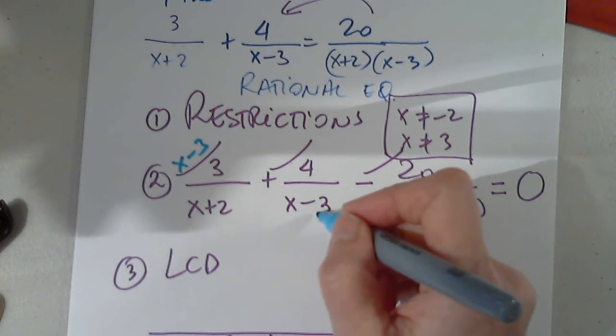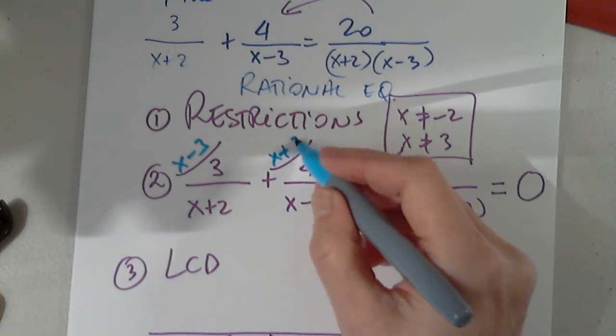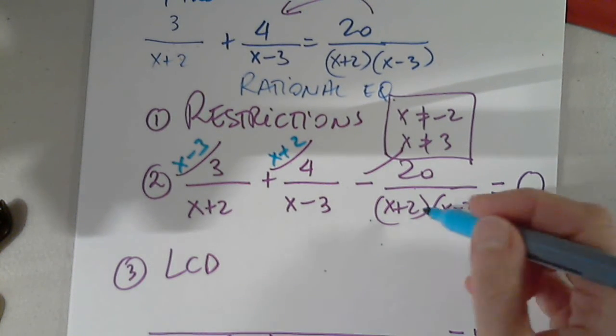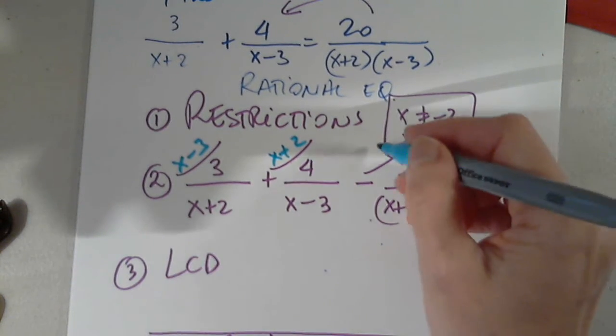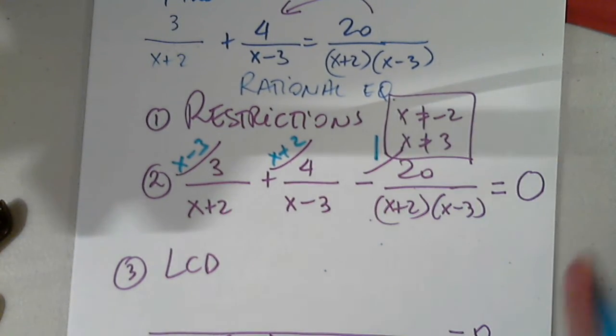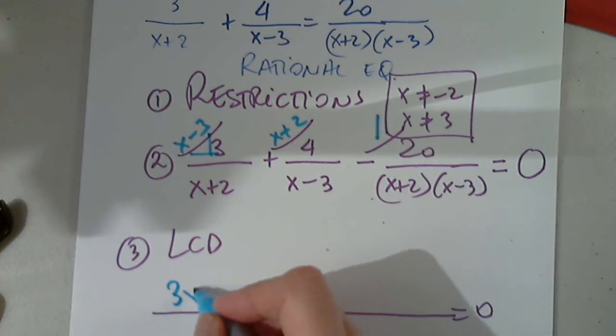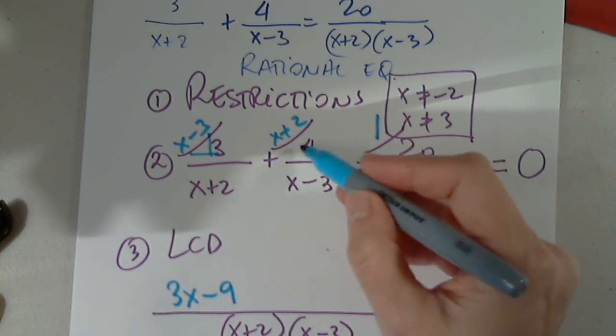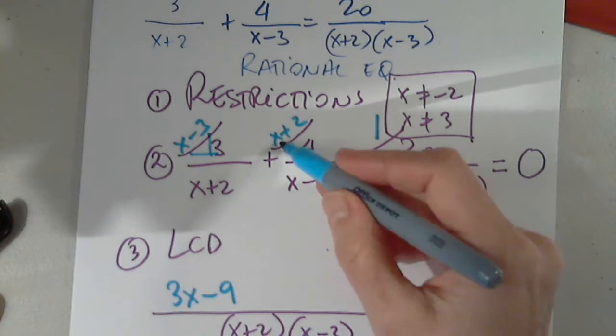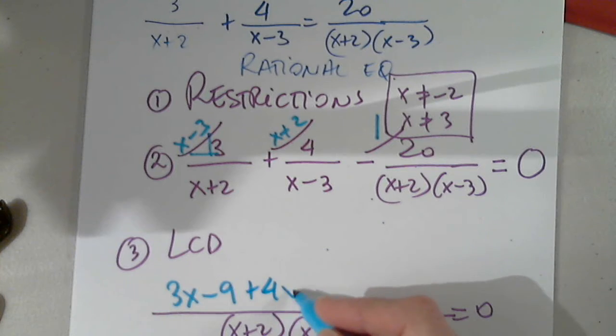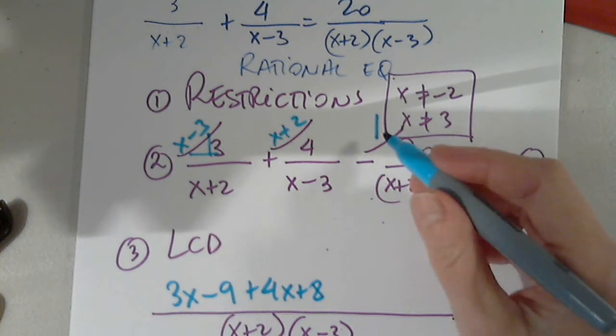What this one doesn't have is x plus 2, so I have to multiply the top by x plus 2. But this one has the same thing, so I don't have to do anything. You don't even have to write anything if you don't want to. Now I have to distribute 3x and minus 9. Now I'm distributing positive 4x plus 8, and minus 20.